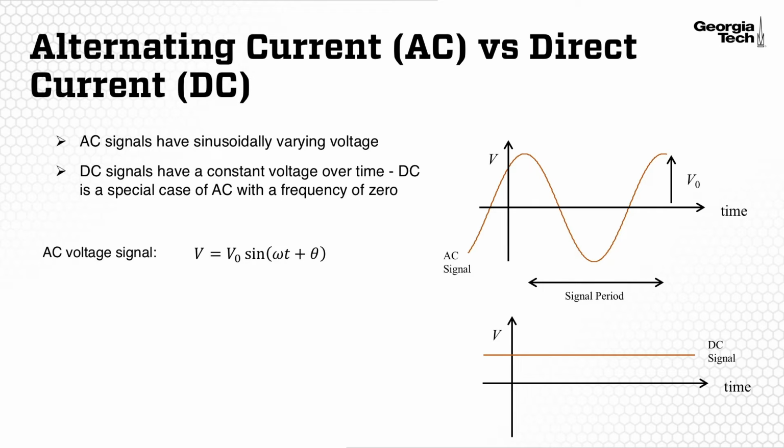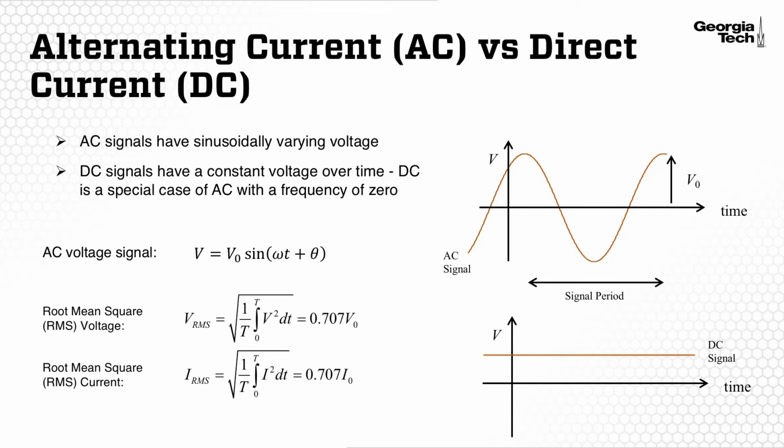We can write an equation for an AC voltage signal as shown here using the sine function. Oftentimes we'll need to compute an average voltage or the average current of an AC signal. To do that, we typically use the root mean square voltage, so the RMS voltage.